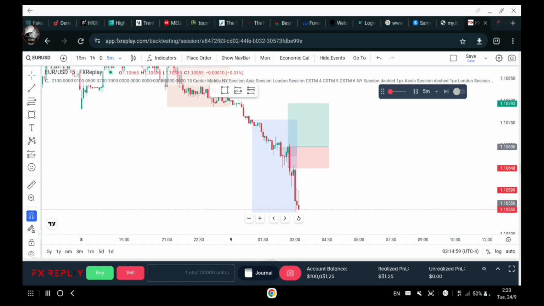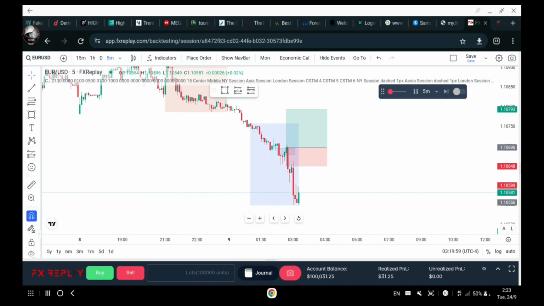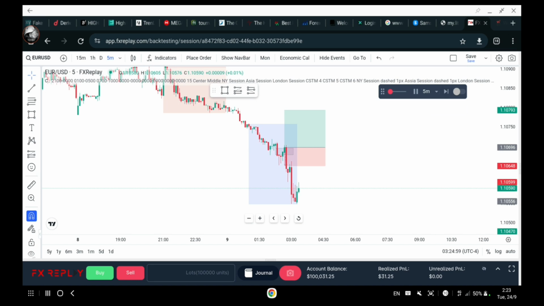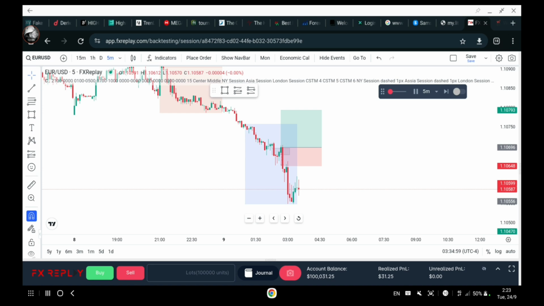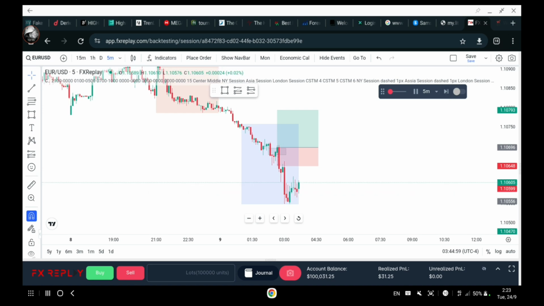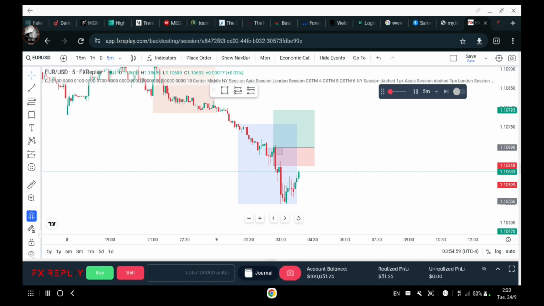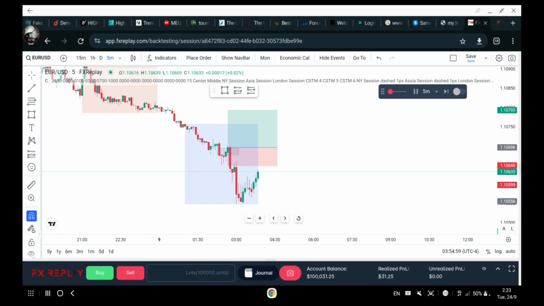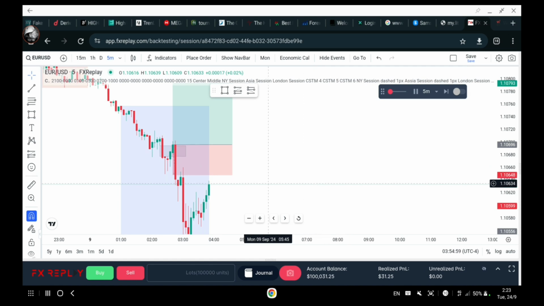If we get another loss, we'll be done for the day. If we take a W, we'll be up 2%. You can see this market structure is awful, man, but it did invert, right? And this is not a singular fair value gap.